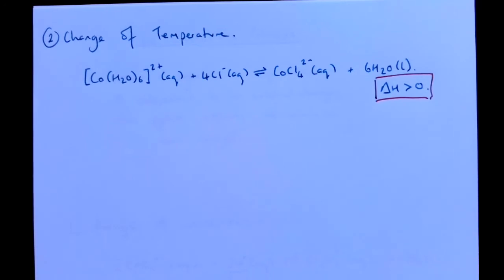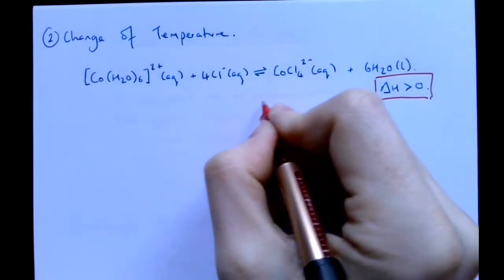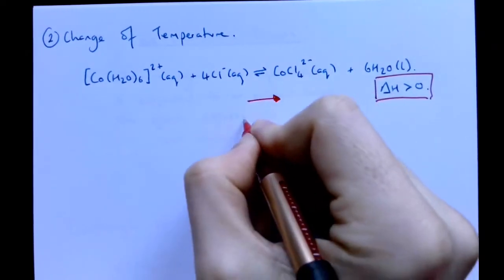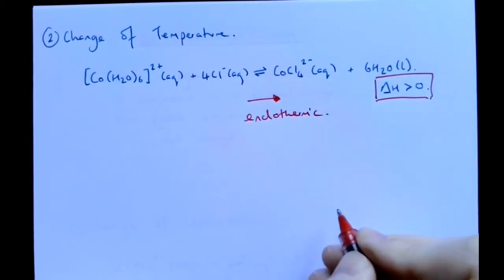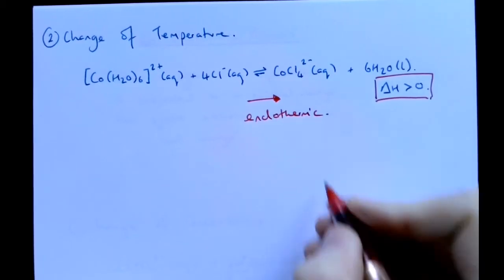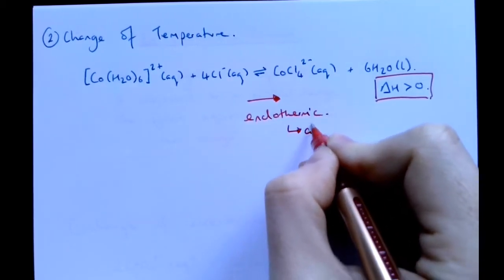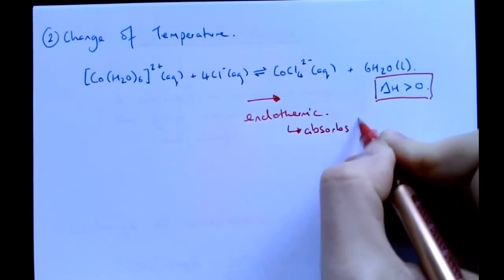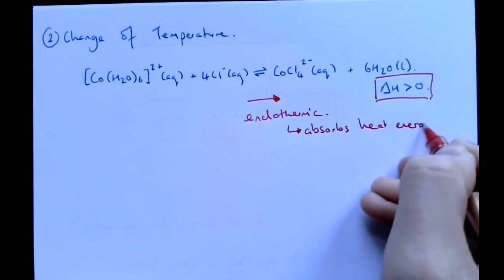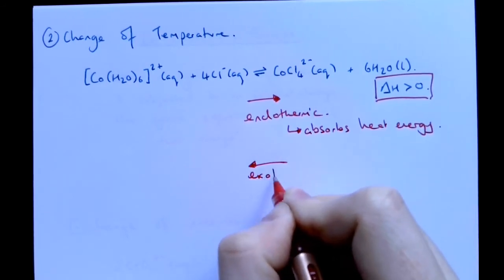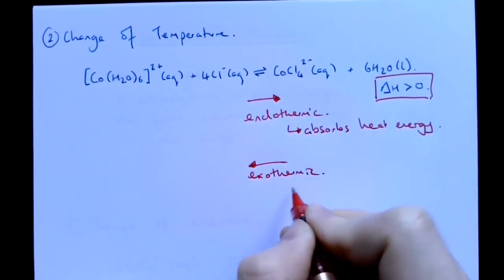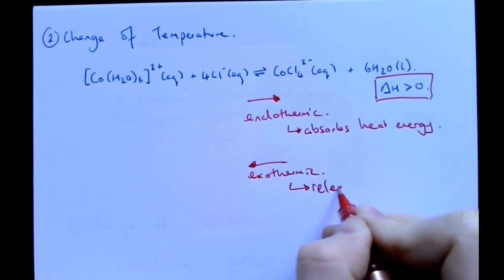The enthalpy change for this reaction is positive, which means that the forward reaction is endothermic, as in it absorbs heat energy. And the reverse reaction is exothermic, which means that it releases heat energy.